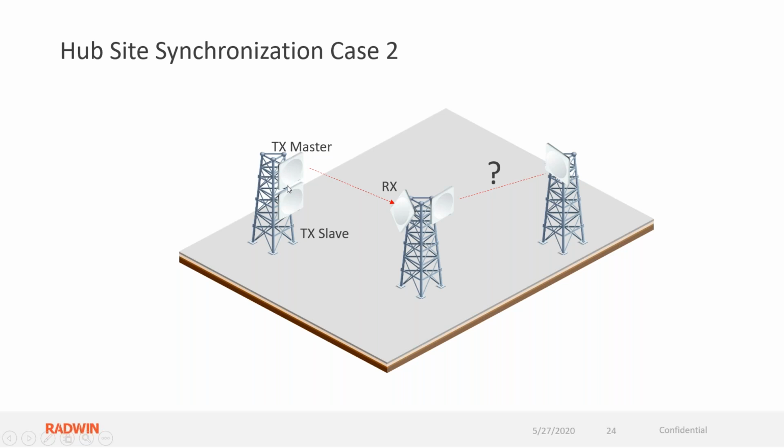If I have the clock provider, the master, and the other slaves, I can ensure that all the slaves on the same tower will be transmitting at the same time, because they will get the clock from the master.